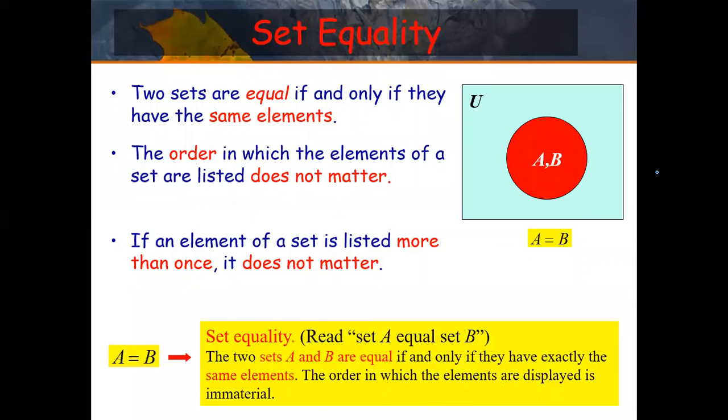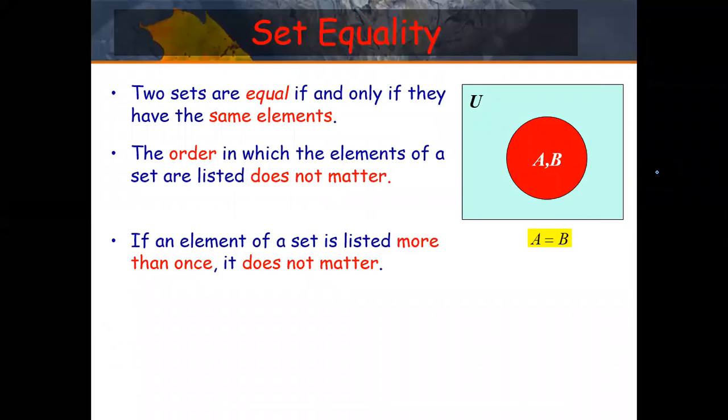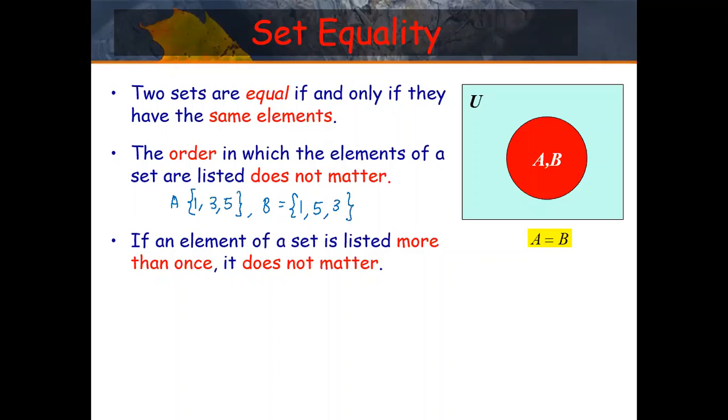For example, you have set A: 1, 3, 5. Set B: 1, 5, 3.